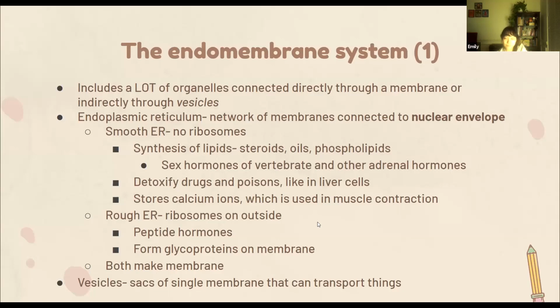The rough ER deals more with proteins. It makes protein or peptide hormones, and it also forms glycoproteins on the membrane. Glycoproteins are proteins with a carbohydrate attached to them. In the plasma membrane, they deal with signaling and telling the membrane to do this or that. But both of these ER make phospholipids that make up the plasma membrane.